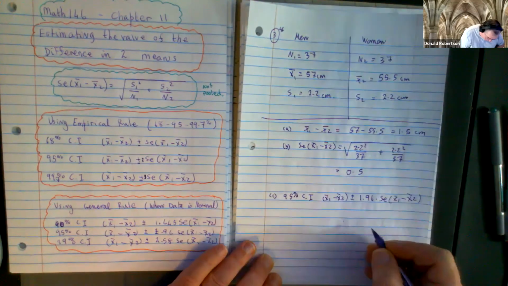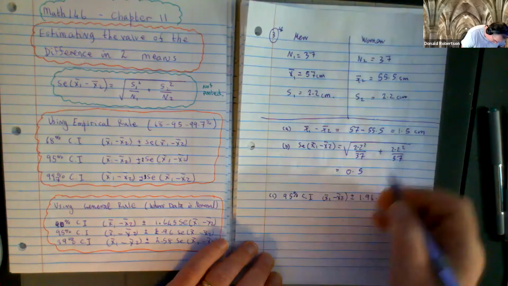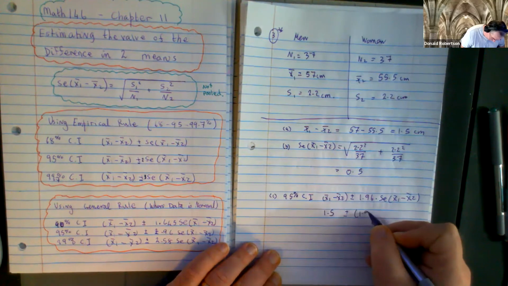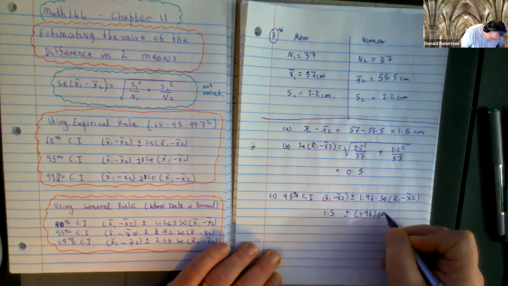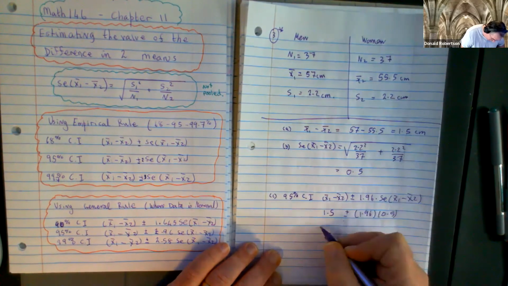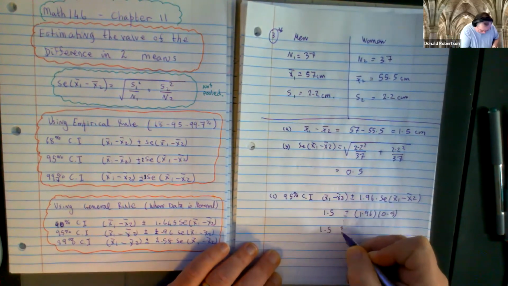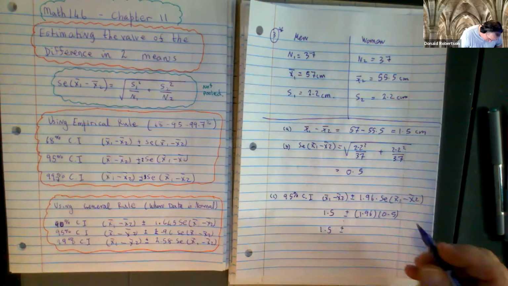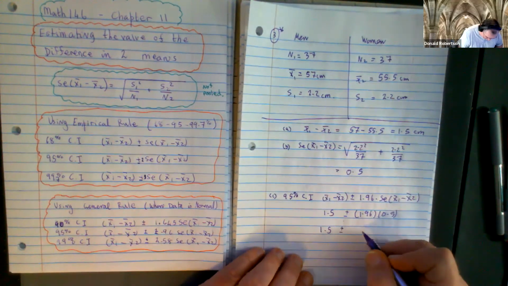The difference is 1.5, give or take 1.96 times 0.5. This is 1.5, give or take. I should be able to do that. What's that, half of that?